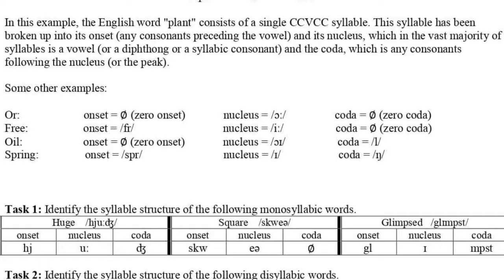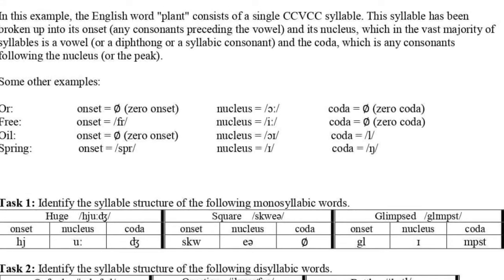The second word is square. In this word, we have the onset composed of the consonants s, k, w. The nucleus is the diphthong, and the coda is zero coda because we don't have any consonant after the nucleus, so we put 0.